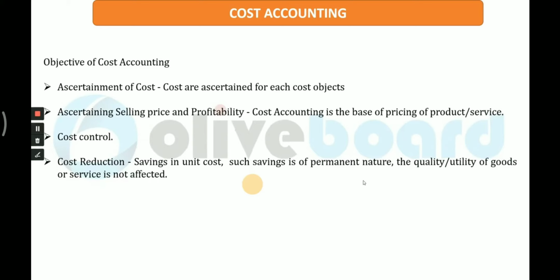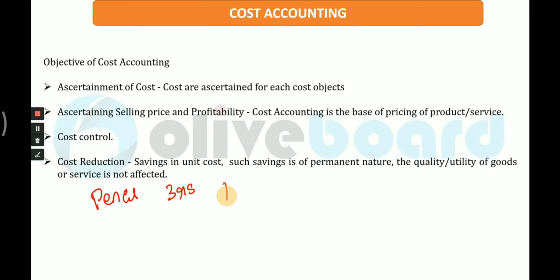Otherwise, it becomes very difficult, guys. Without cost, you cannot determine your selling price, right? Suppose, for example, to manufacture one pencil, I incurred 3 rupees. Now I will say that at least for so much effort I have put in, I need a profit of, say, 1 rupee or 1 rupee 50 paise. I'll keep 1 rupee profit.